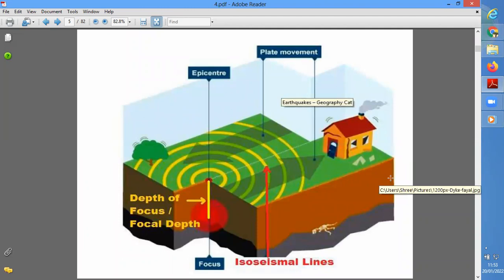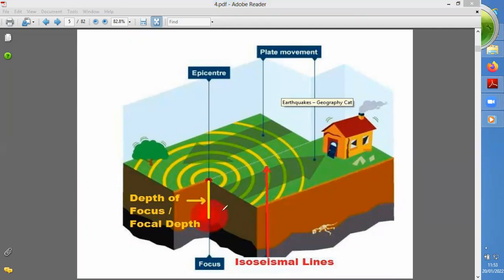So here is another diagram in which all the points are clearly mentioned. Here, this is the point of origin of the earthquake inside the earth, which we can consider as the focus. This is the point which is exactly above the focus on the earth surface. It is considered as epicenter.